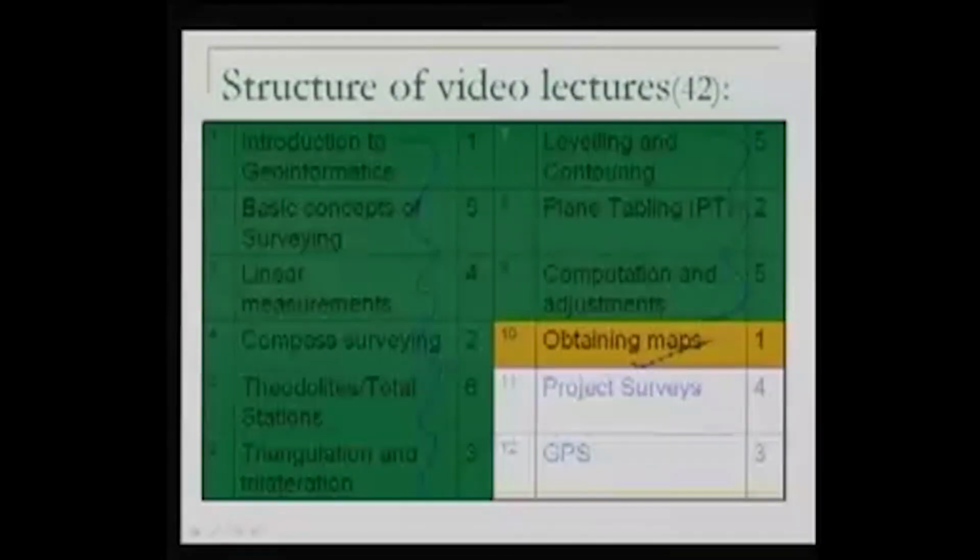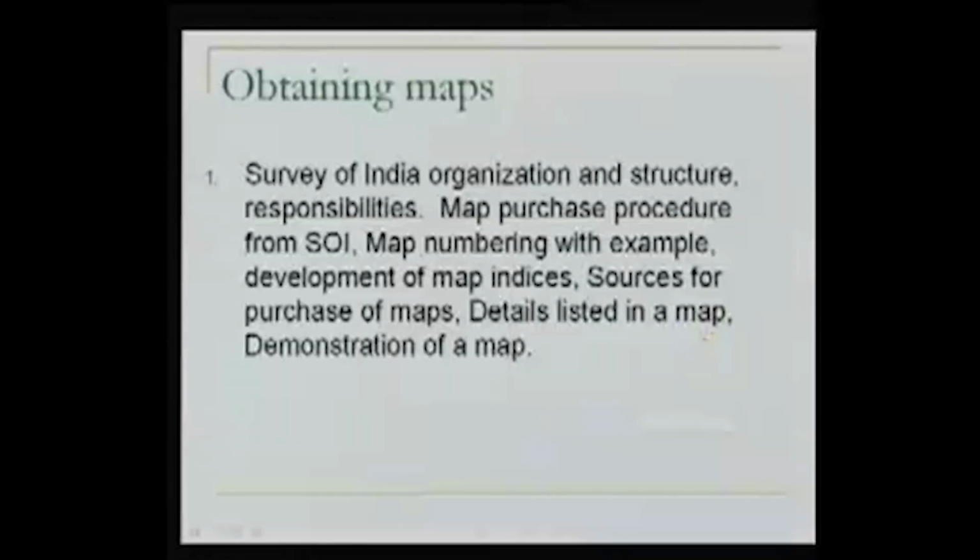So, at the end of it, we may be able to make a map. Also, we may be able to do various other kinds of jobs which are related with the surveying. So, we have already understood what a map is, why the map is important, what all information should be there in the map. We have seen the procedures of making the maps. So, today in this module, we are looking into obtaining maps.